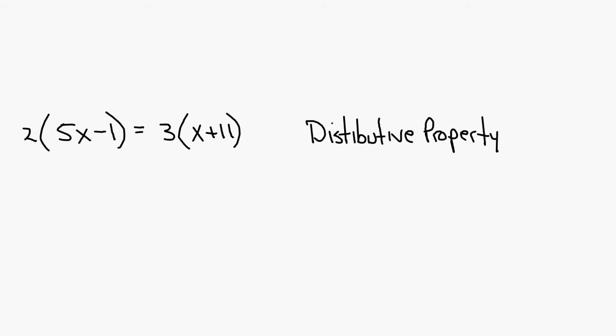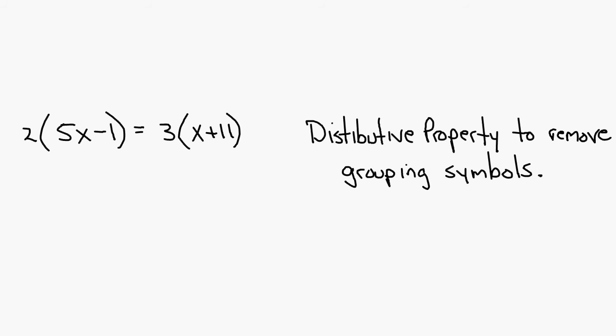And that's distributive property to remove, and they call it remove grouping symbols. Distributive property to remove grouping symbols. That means take the 2 and multiply it by 5x, and you get 10x.